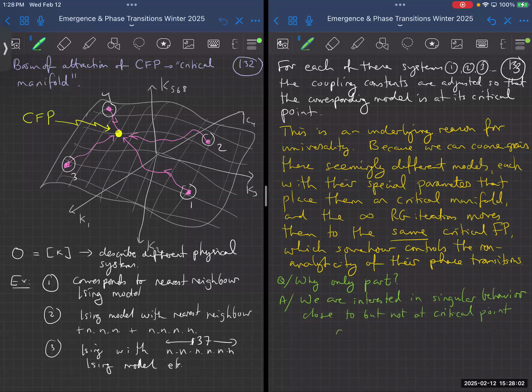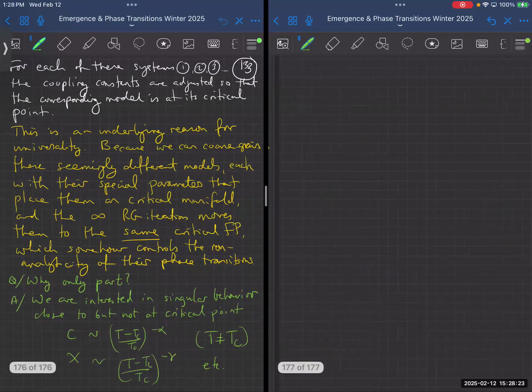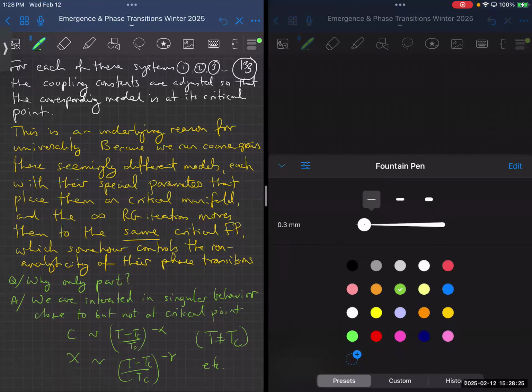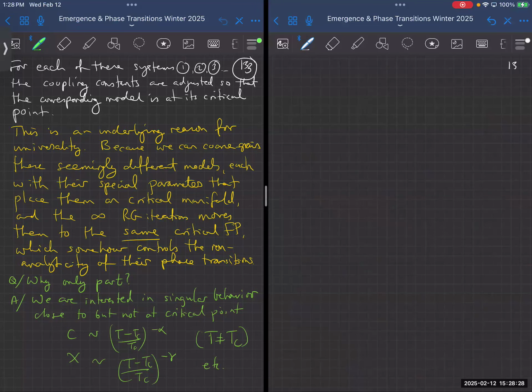As an example, C goes as (T minus Tc over Tc) to the power minus alpha. Chi goes as (T minus Tc over Tc) to the minus gamma, etc. So these ones are T not equal to Tc. And of course, there are ones that are exactly at Tc, and we want to know those too, but this is telling you about something to do with the system, though not quite everything.